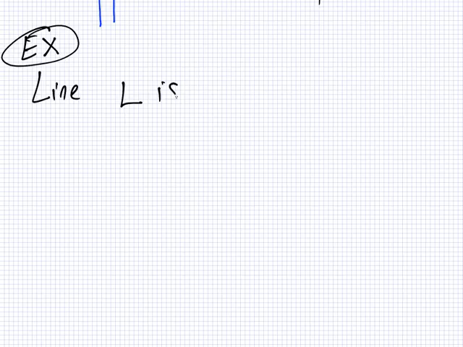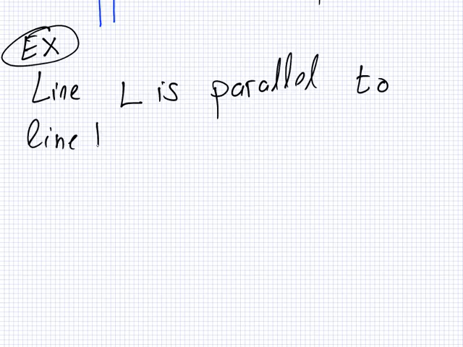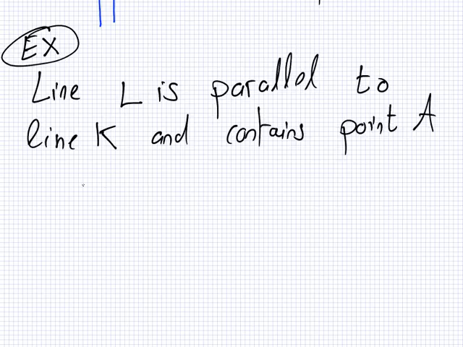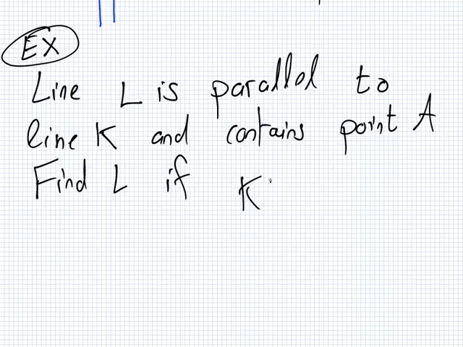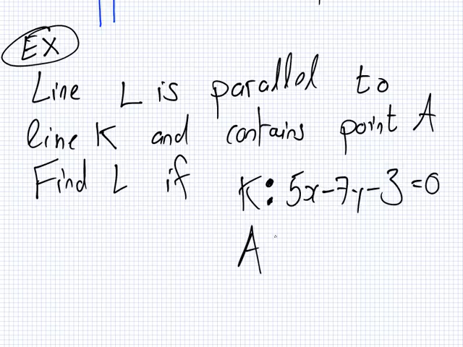Line L is parallel to line K and contains point A. Find L if K is 5x minus 7y minus 3 equals 0 and point A is (1, 9). Okay, so I'll do this one. Just write this one down. This is the type of question you get in the exam.